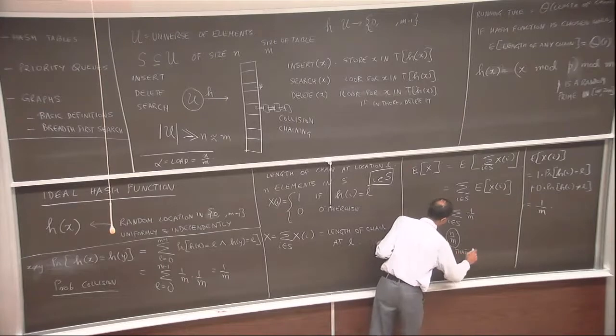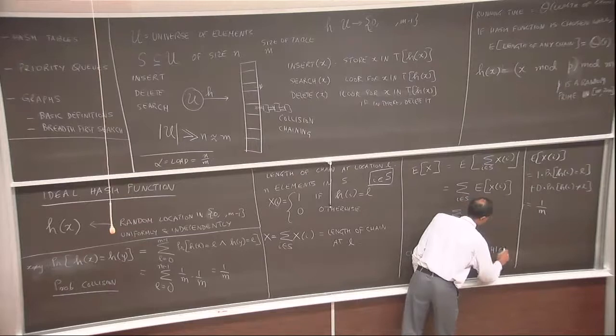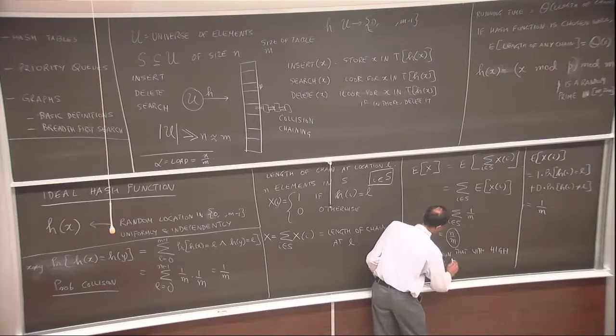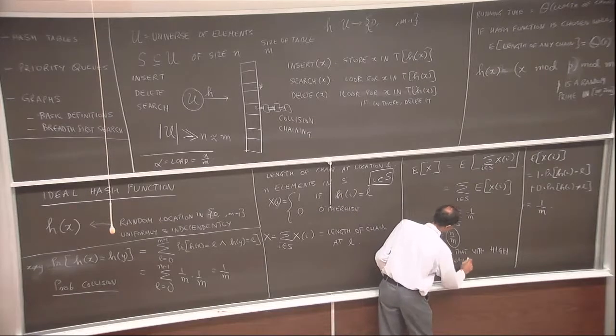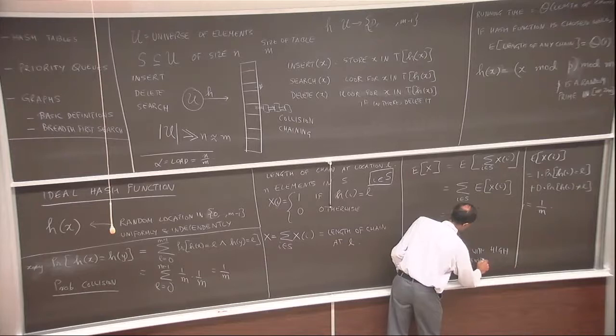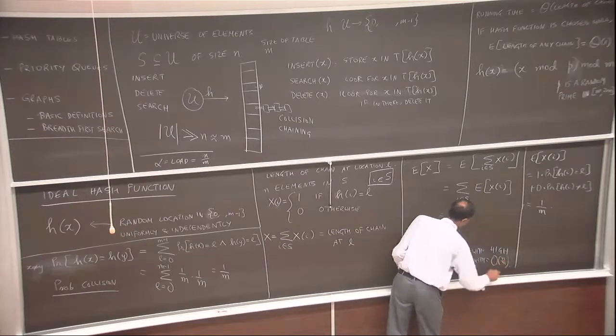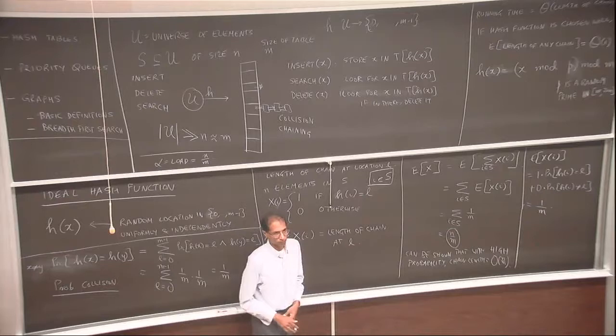It can be shown that with high probability the chain length is big O of n over m.